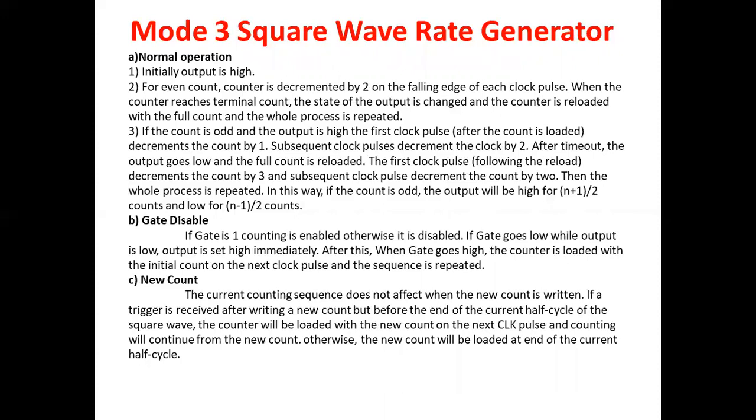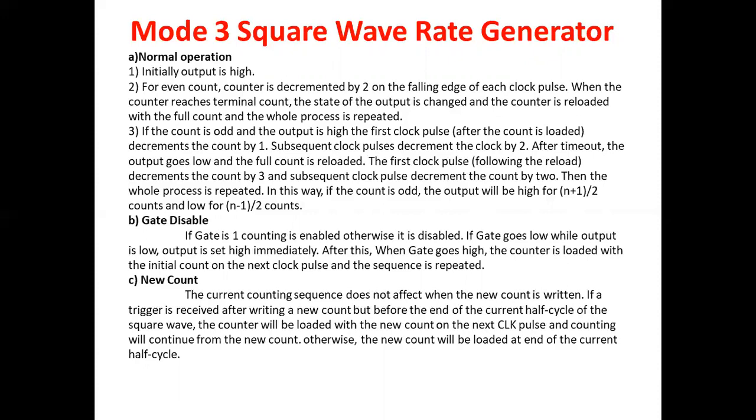For even values of n, the output is high for n/2 clock pulses and low for the next n/2 clock pulses. For odd values of n, the output remains high for (n+1)/2 clock pulses and low for the remaining clock pulses.